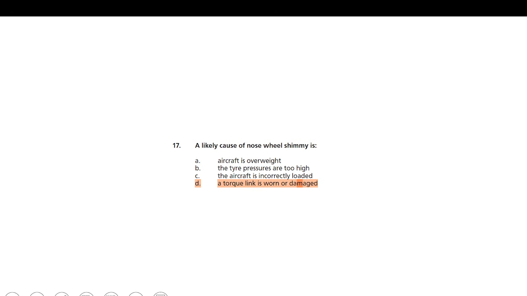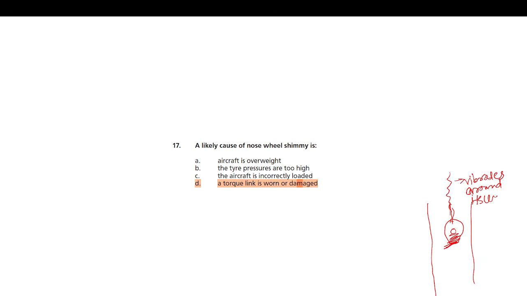See, a likely cause of nose wheel shimmy. What is the nose wheel shimmy? This is the nose wheel. When it lands after flaring on the ground, the landing gear shimmies, means it vibrates around its center position.